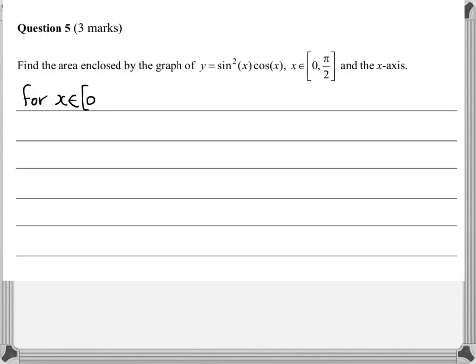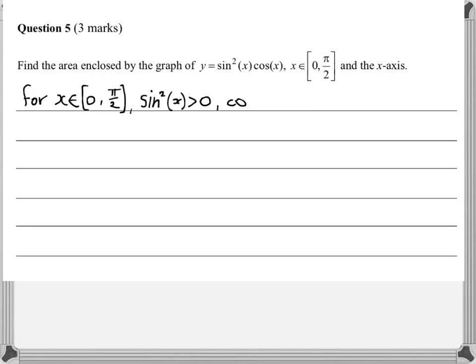Next question. Question 5. Okay, so first, find the area enclosed by the graph of y equals sine squared x cos x. Now, for this domain of x, it's going from 0 to pi on 2. You have to recognize that is your first quadrant.